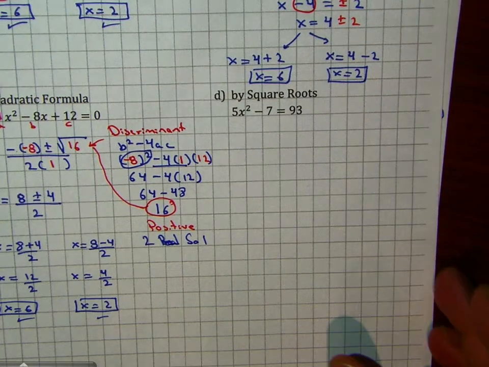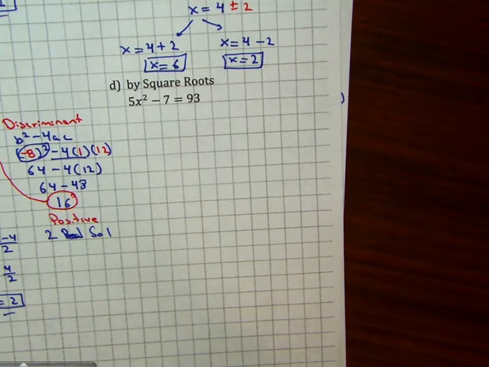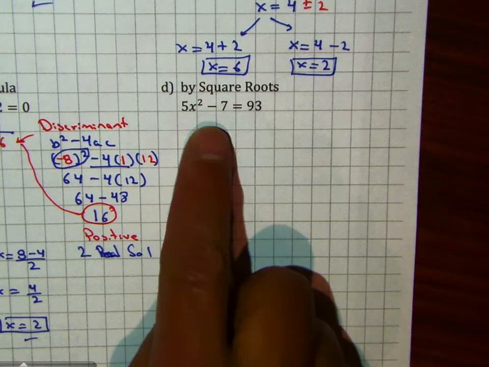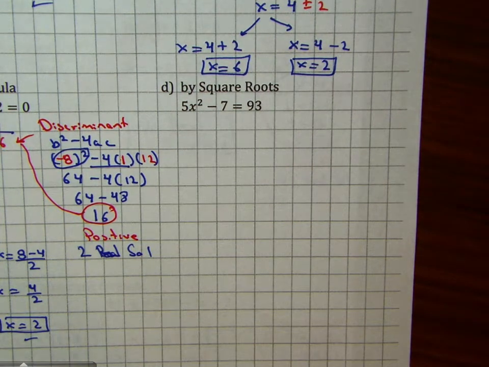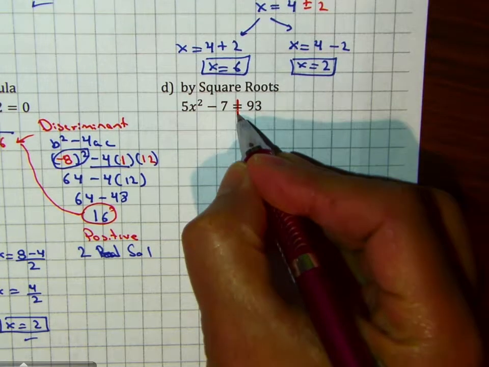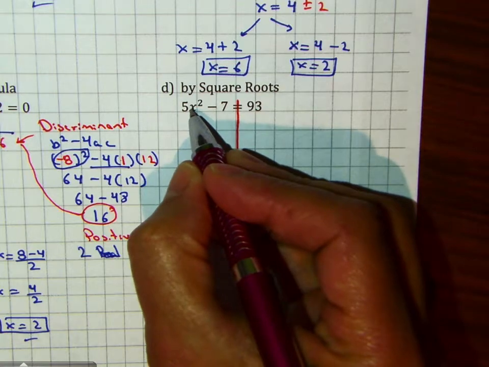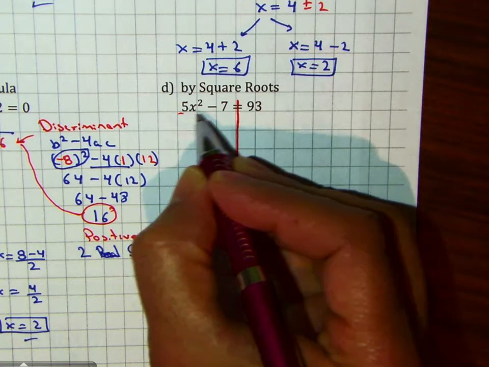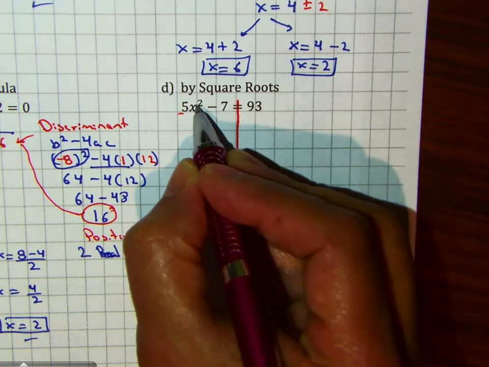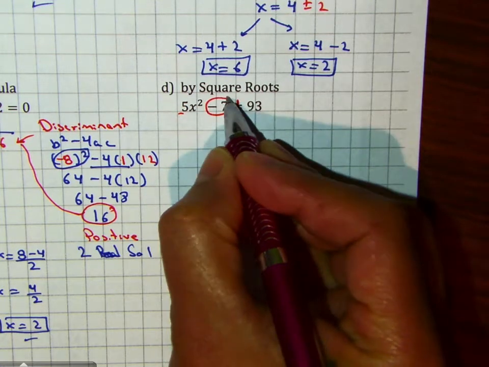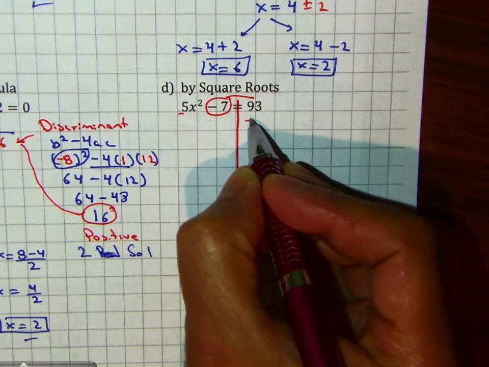And another, different way to solve a quadratic equation, if it's in a different form such as this, I can solve it by square roots, where I can just leave the x by itself. I need to get rid of the 5, the 2, the square, and the negative 7. First, I'm going to move my negative 7 to the right, or you can add 7 on both sides.